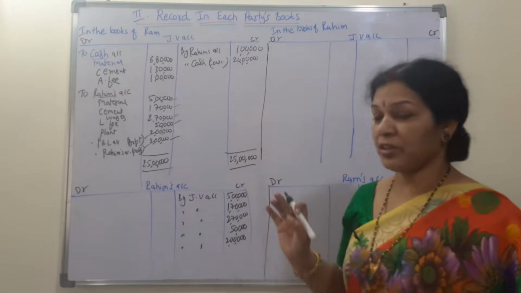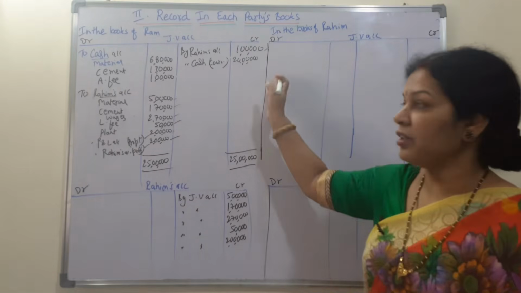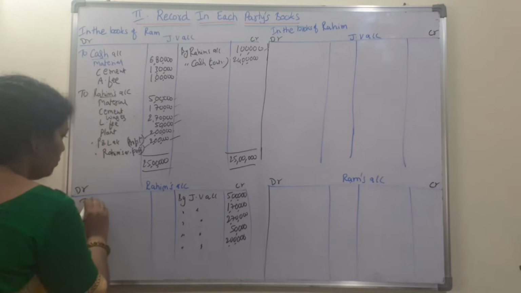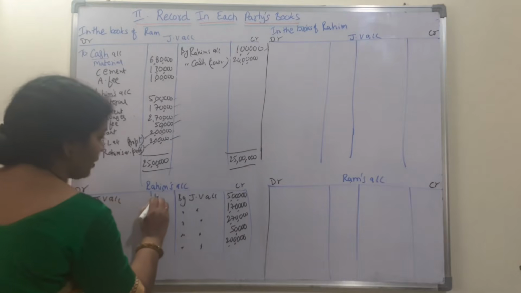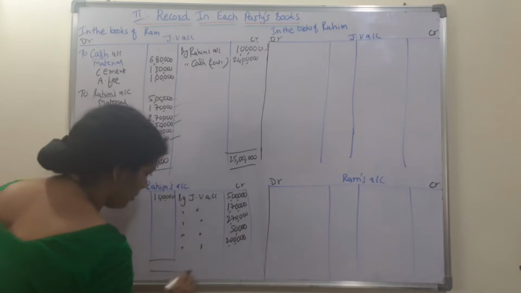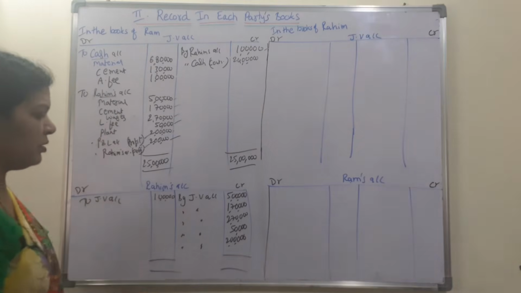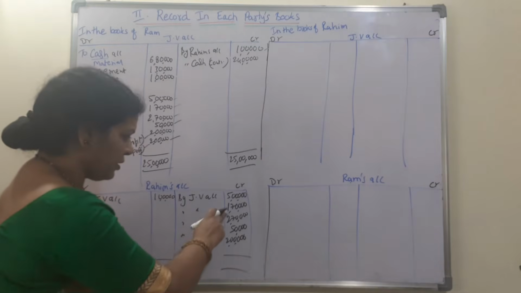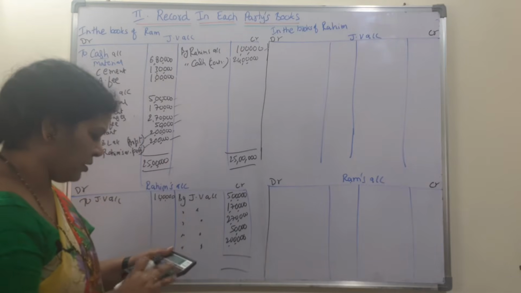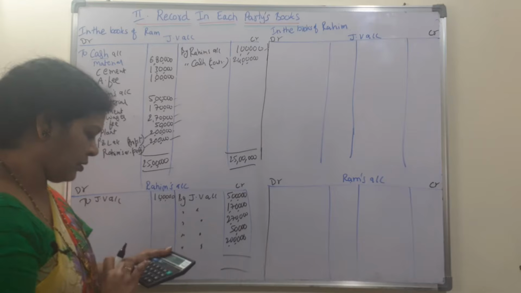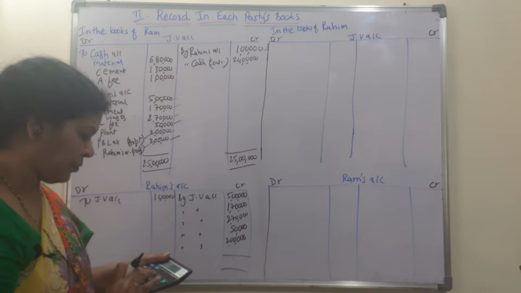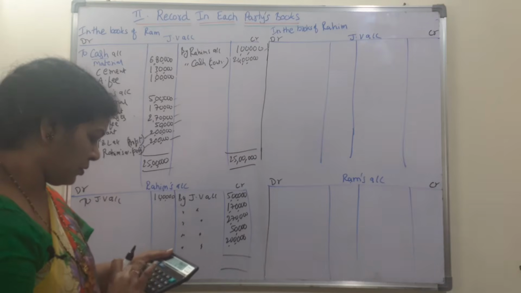Now Raheem is on the credit side also. Credit side only 1 lakh, that is to be transferred on the debit side to joint venture account, 1 lakh. Over. Now what we'll do, we'll close the account. Closing of the account, if you see credit side is more. How much it is more, we'll see. 2 lakh, 2 lakh 50, 3 lakh, 3 lakh plus 1 lakh 70,000 plus 2 lakh 70,000.